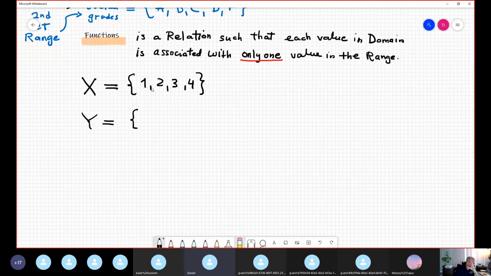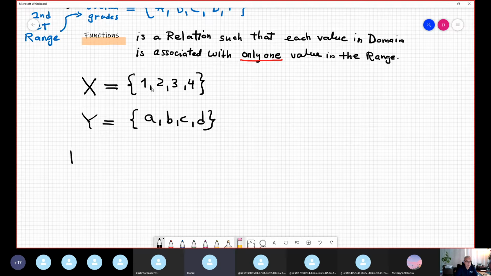In this case, not necessarily numbers, it's letters A, B, C, D. Okay? Entonces I want to write, one by one, relation 1, relation 2, and relation 3, and investigate, according to the definition, if each relation is a function or not.